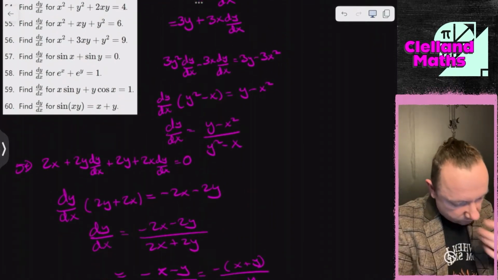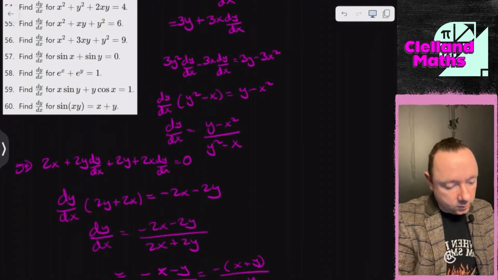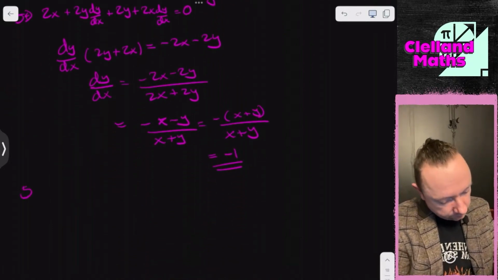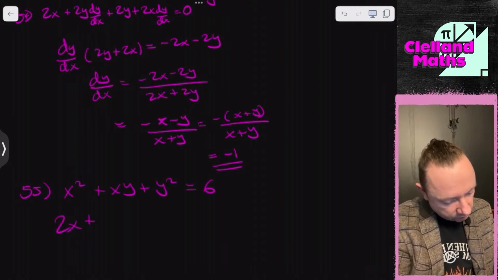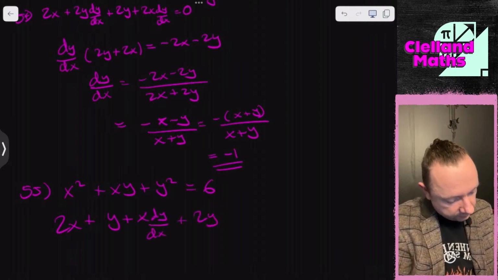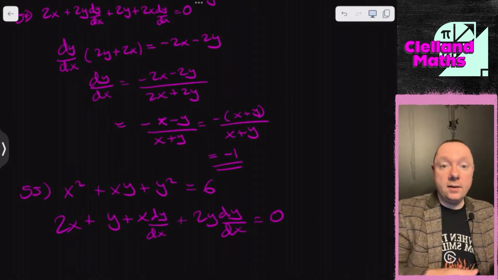55. X squared plus xy plus y squared equals 6. 2x plus vu dash y plus uv dash, plus 2y dy by dx, equals nothing. Not too bad there.